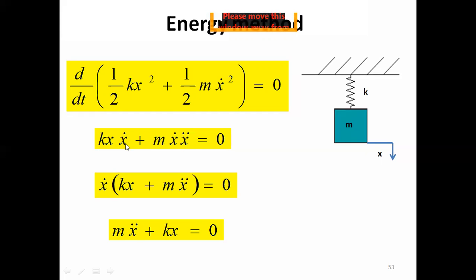Now, if you look here, x dot is common. So x dot times (kx plus m x double dot) is equal to 0.